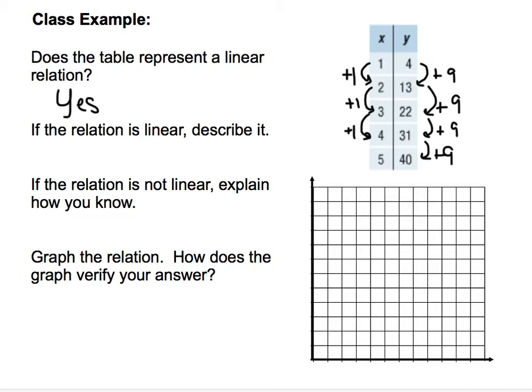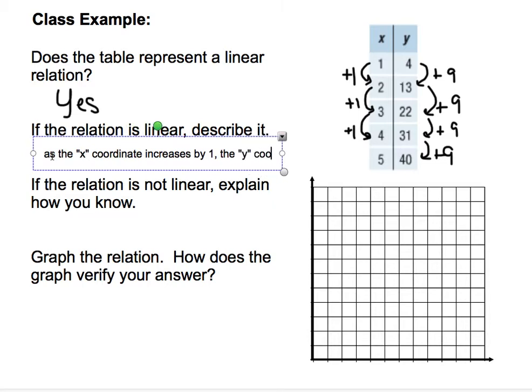And if it is linear, describe it. So as the x coordinate increases by 1, the y coordinate increases by 9.